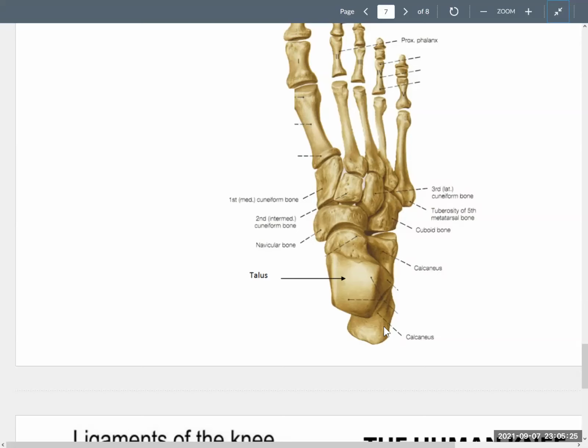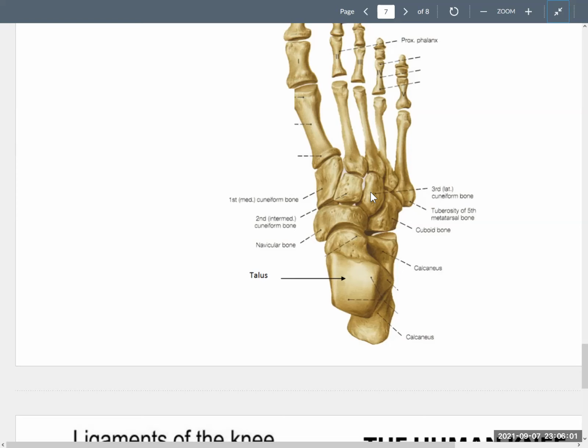The heel or biggest bone is the calcaneus, and it comes forward to the cuboid, which is also shared by the third cuneiform. Now, if you're looking in your book, I went to a lot of trouble to find this particular picture. I liked it because it just calls these cuneiforms 1, 2, and 3, or first, second, and third.